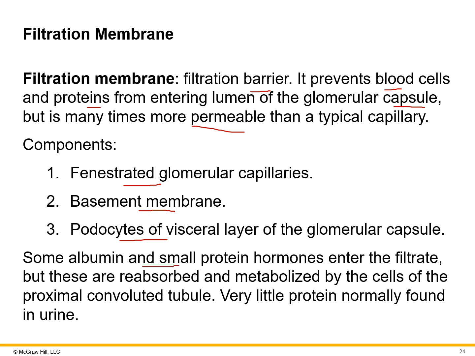Some albumin and small proteins can enter the filtrate, but then they get reabsorbed and metabolized in the proximal convoluted tubules. So very little protein is typically found in the urine. The presence of protein in the urine indicates some type of problem or some type of condition.